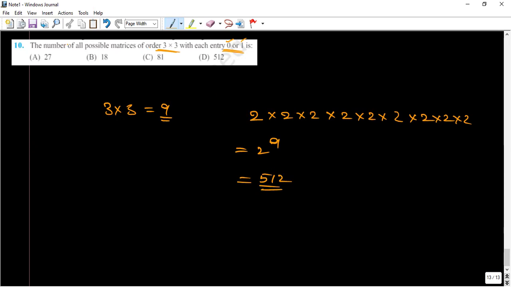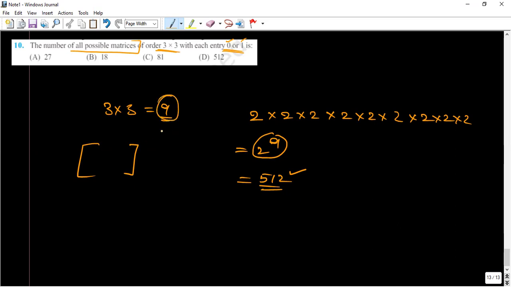So what are they telling? The number of all possible matrices. So you will have 512 different possibilities for this particular arrangement. You know why 2 power 9 came? We are finding a 3 by 3 matrix, and 3 by 3 means a total of 9 elements.